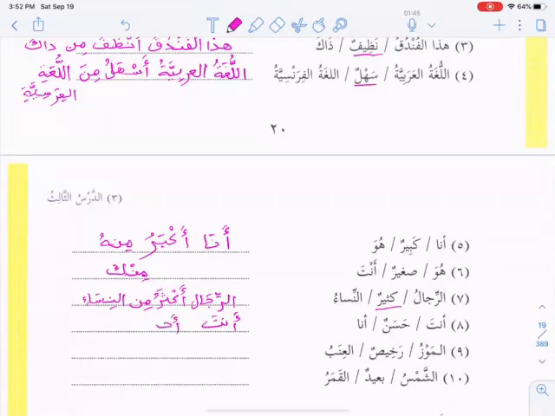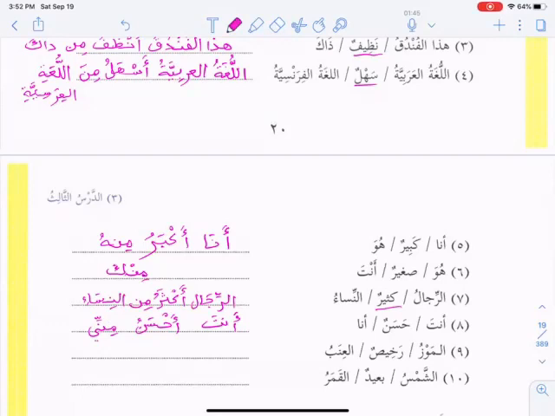You are better than. أحسن, see, أفعل. Then ana will change into minni. You are better than me.